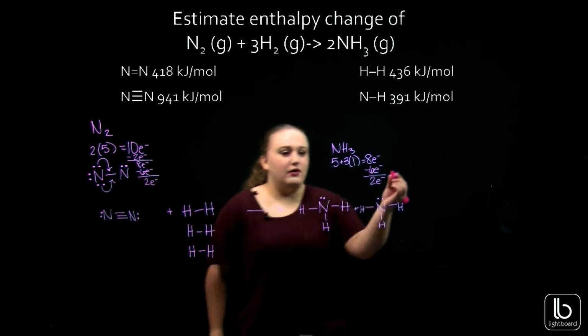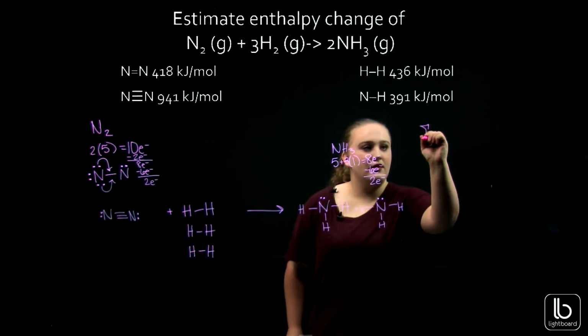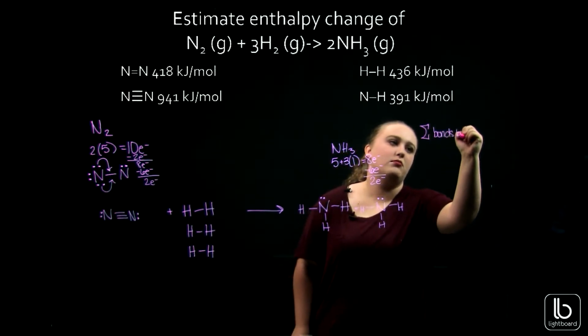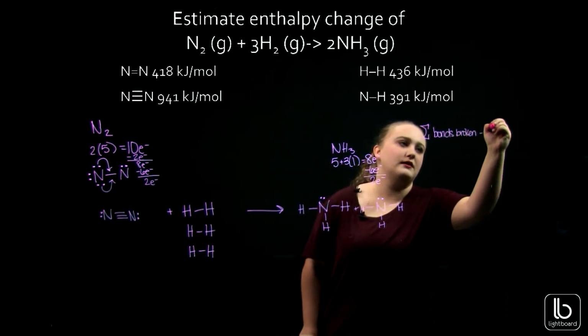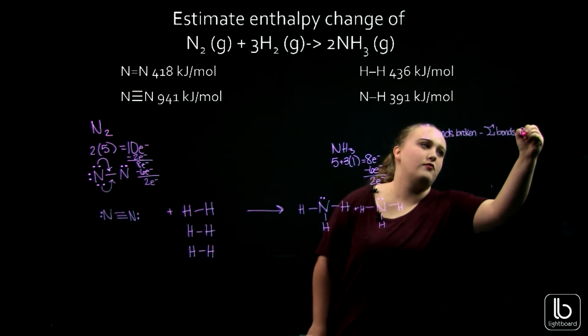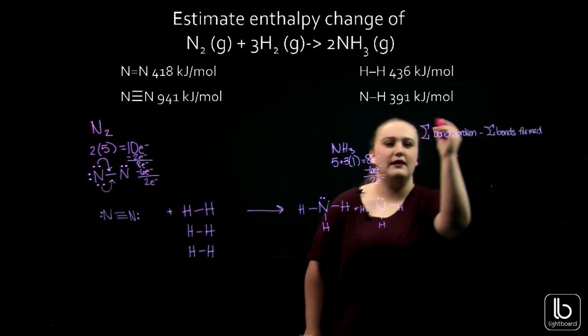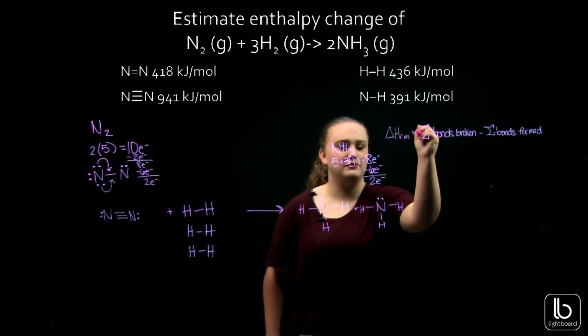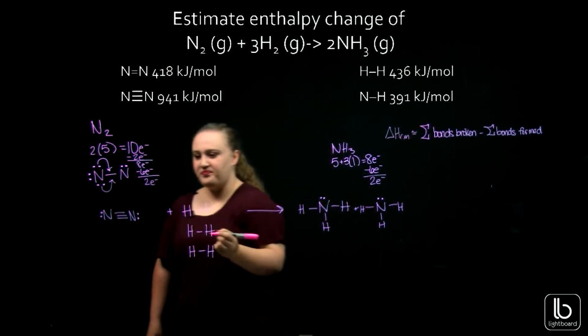So again, our equation tells us the sum of our bonds broken minus the sum of our bonds formed. And that gives us our delta H of reaction, approximately. It's an estimate.